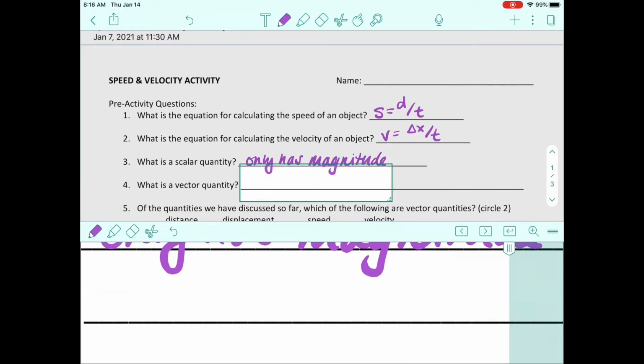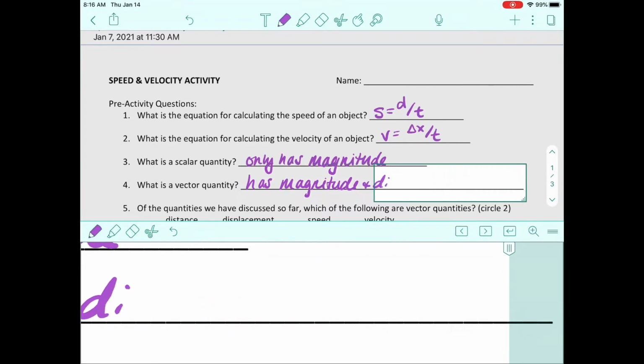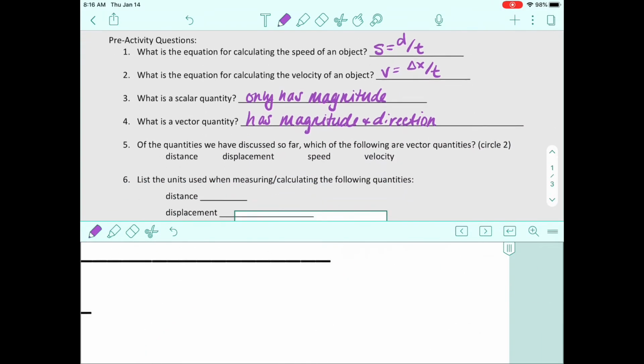But a vector has a magnitude and direction. So then you could say 50 meters west with magnitude and direction.